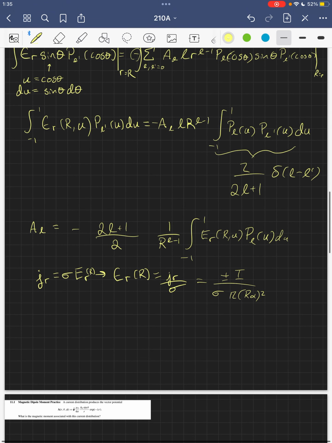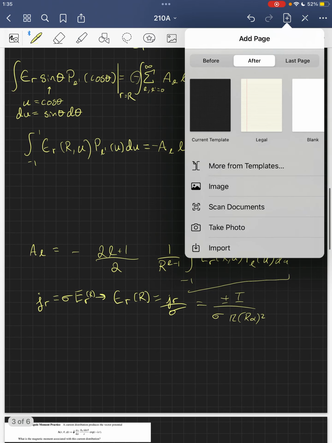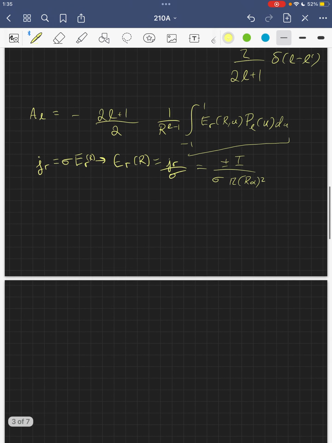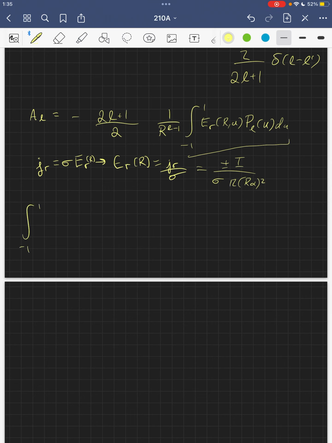Now what we can do is look at that integral here. The reason we want to look at this integral is so we can plug it back into our expansion for our potential. So we're going to look at the integral of E r PL u du. Again, that E r is evaluated at the surface, but I'm just going to leave it like that.